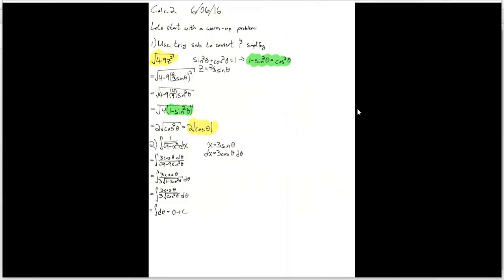Now, we're not done yet because we have to sub back in what theta is. So if we go back to what we had in this line, right up here, we're going to now have to do our substitution. So our theta plus c is really the arcsine of x over 3 plus c.